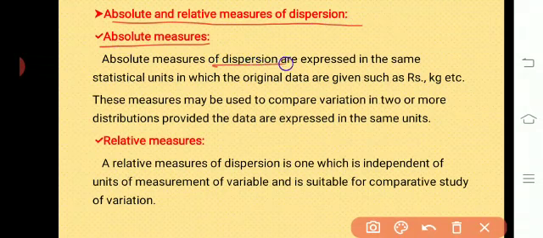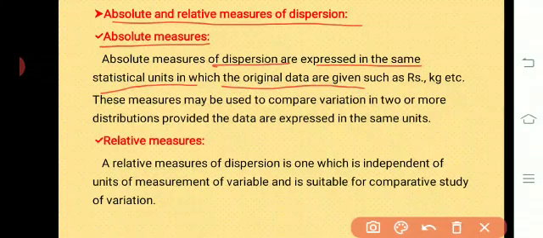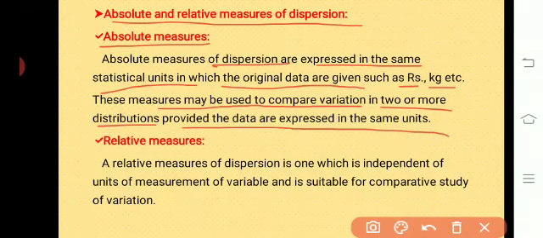Absolute measures of dispersion are expressed in the same statistical units in which original data are given, such as rupees, kilograms, etc. These measures may be used to compare variation in two or more distributions, provided the data are expressed in the same units. Whatever unit the data is expressed in, the absolute measure is expressed in the same unit. That is called absolute measure.